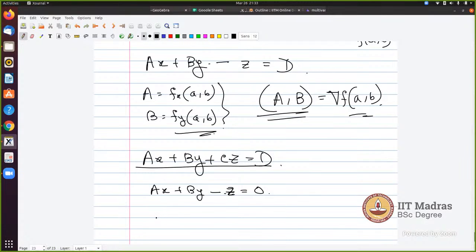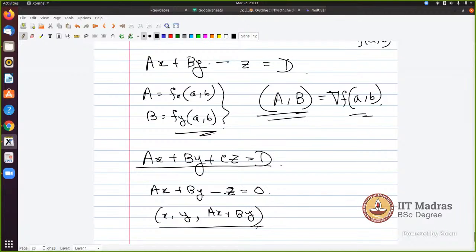But if your general point is x, y, ax plus by, this is a vector on this plane.